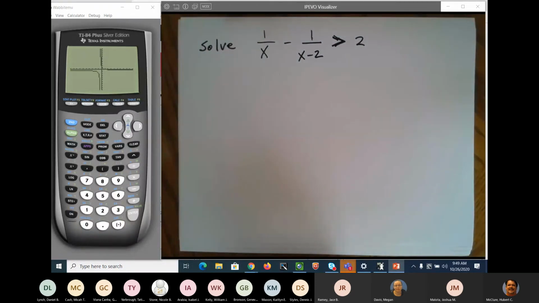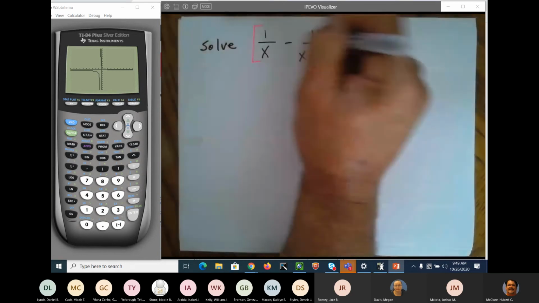Now you could multiply both sides by x times x minus 2. You could do that, or you could bring the 2 over and be a -2. However you want to do it, it's up to you. I'm going to multiply both sides by x times x minus 2.